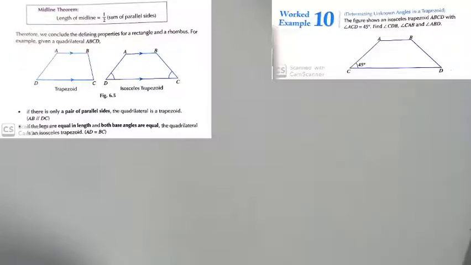For us to be able to discuss the trapezoid, let's work on our first example. On our first example, we have here the figure isosceles trapezoid ABCD with an angle of 45. Our goal here, or the problem here, is to find the other angles.